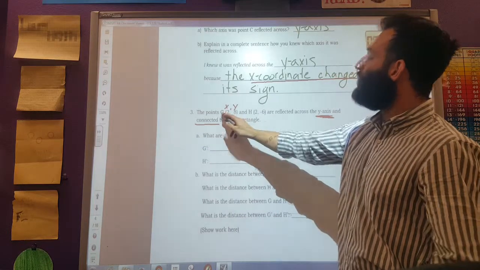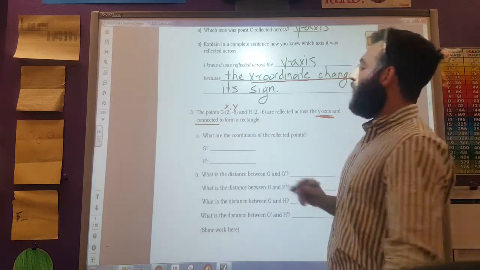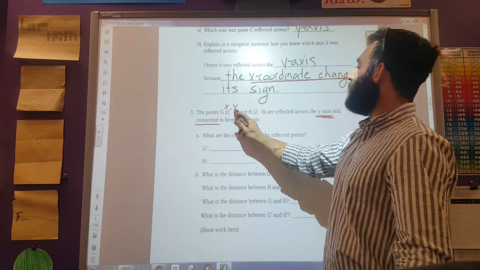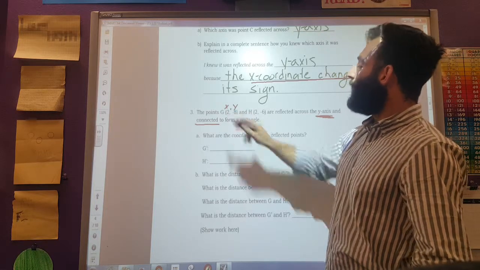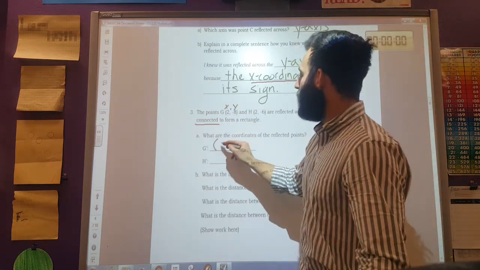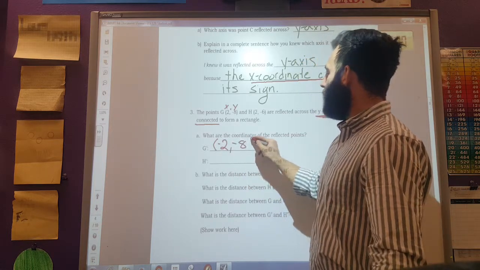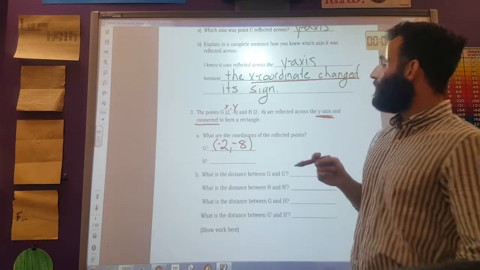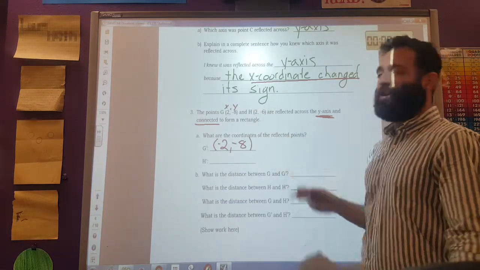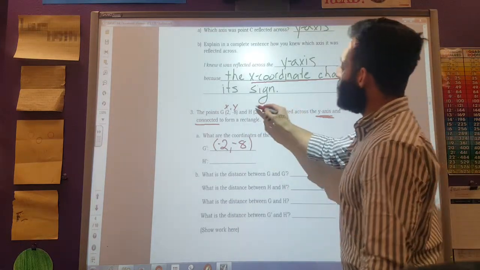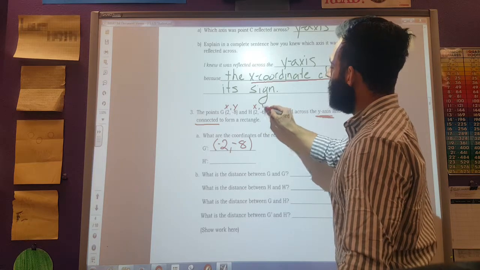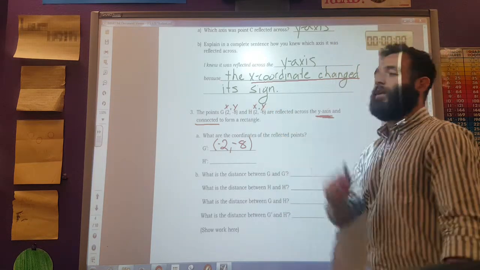So if I reflect my G coordinate across the y-axis, my x-coordinate is going to change sign. So it's going to change to (-2, -8). Now if my H is also being reflected across the y-axis, it's my x-coordinate that's going to change.